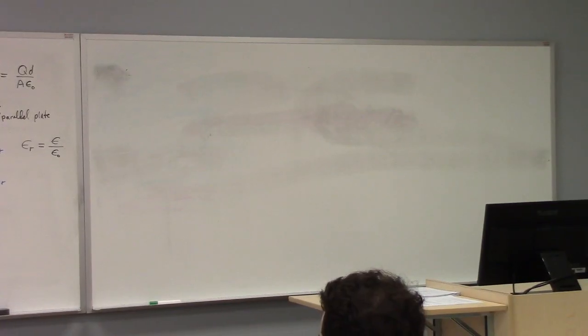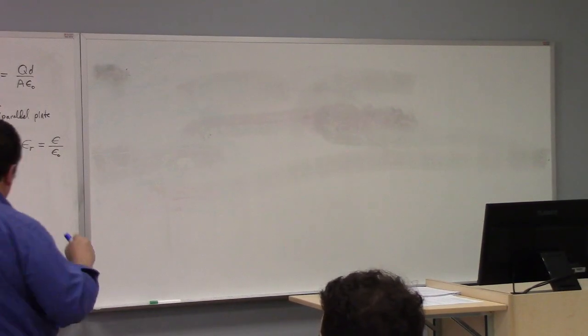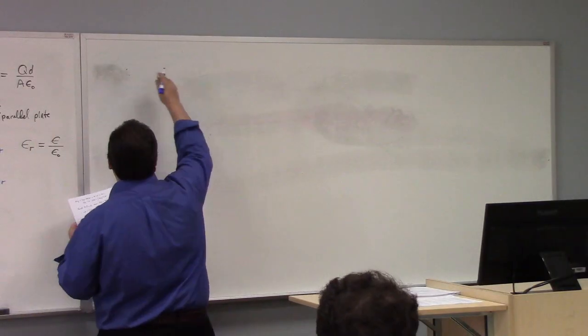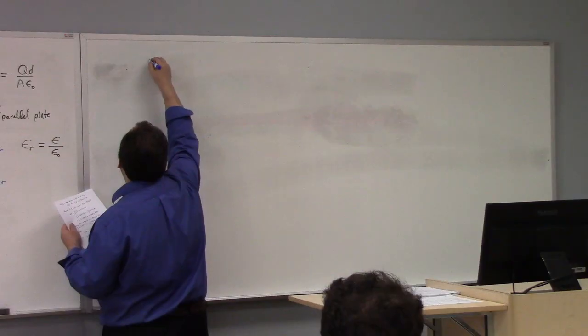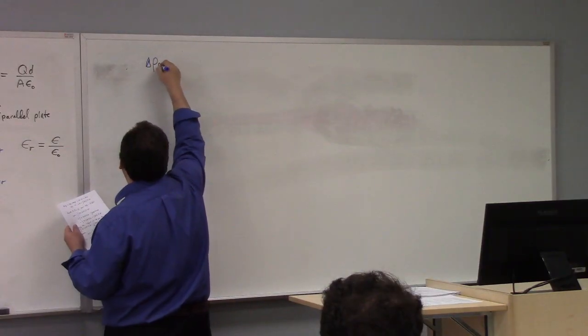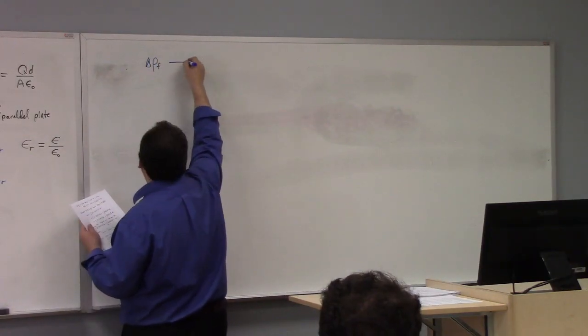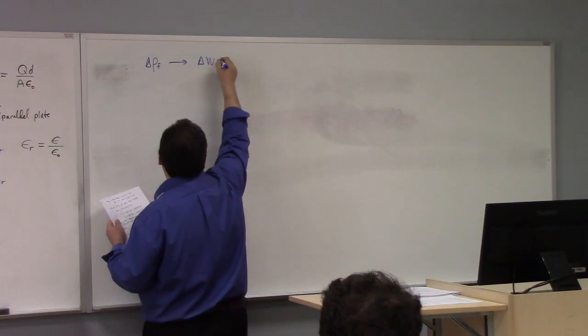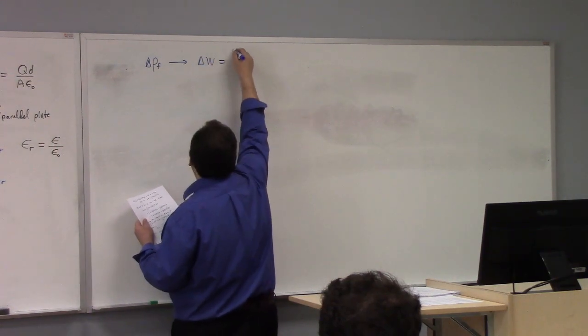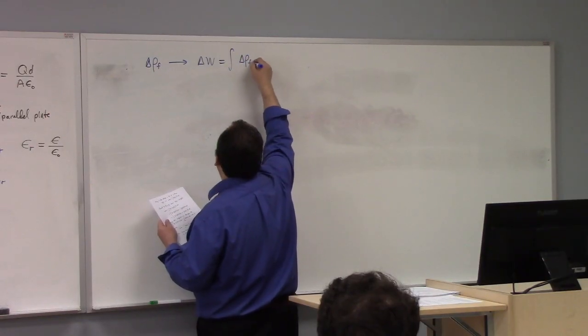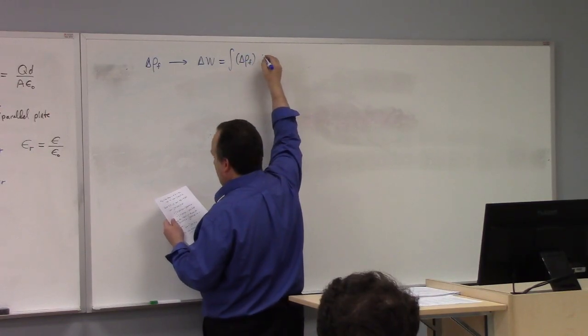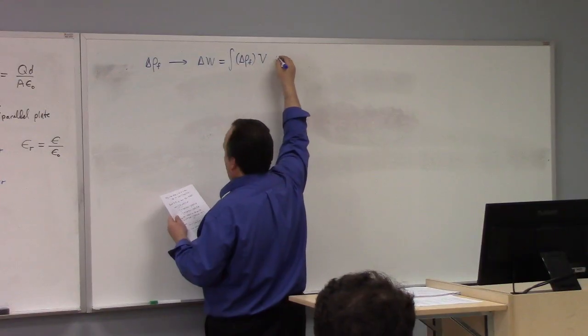So here it goes. He says to bring in a bit of free charge at a time. If we bring in just a little bit of free charge density, that takes us a little bit of work, given by the integral of that little change in the free charge density integrated over d tau.